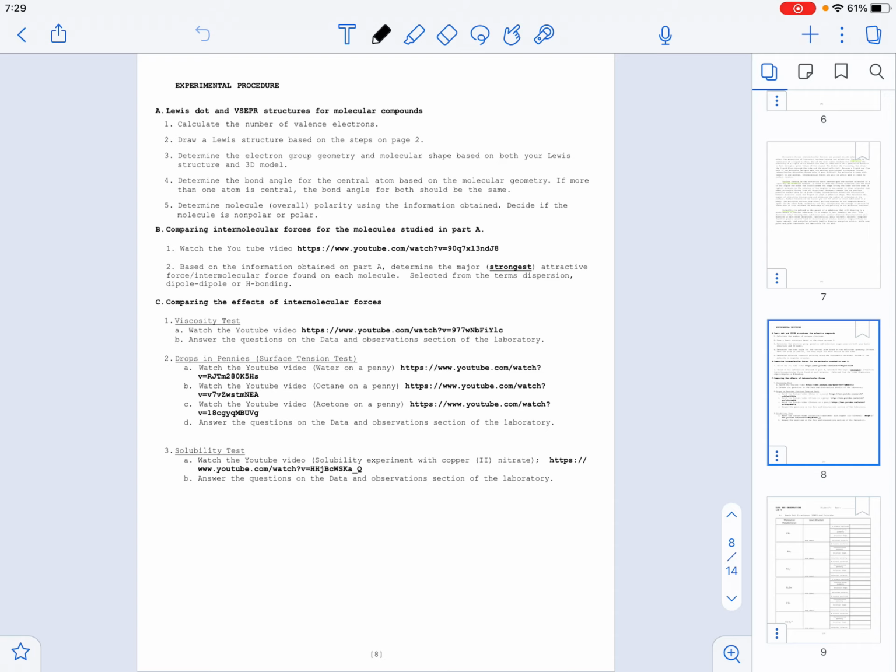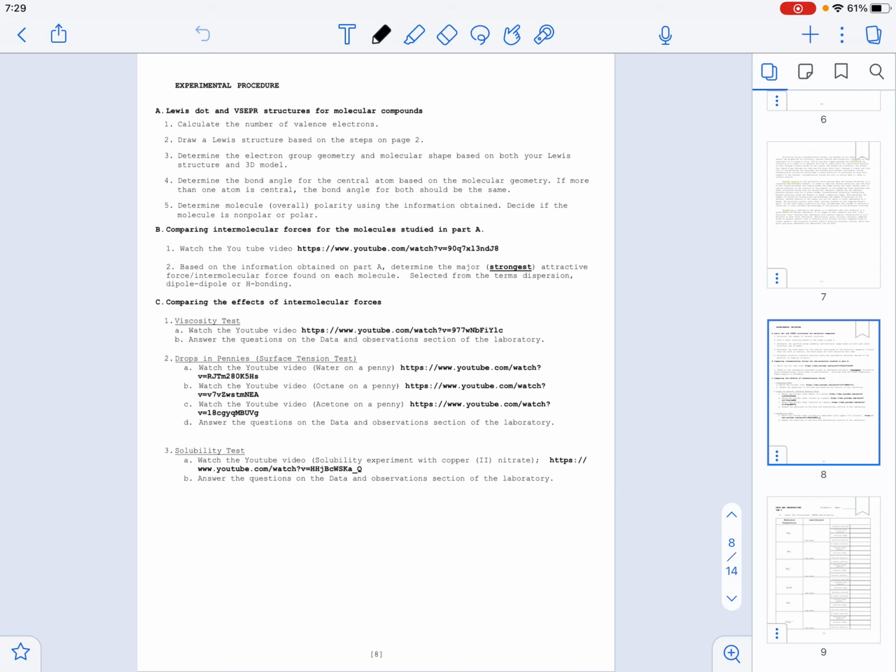In part B, you're going to be comparing intermolecular forces for the molecules studied in part A. First, you're going to watch a YouTube video reviewing the different types of attractive forces. Remember that there are 3: dispersion forces, followed by dipole-dipole, followed by hydrogen bonding.